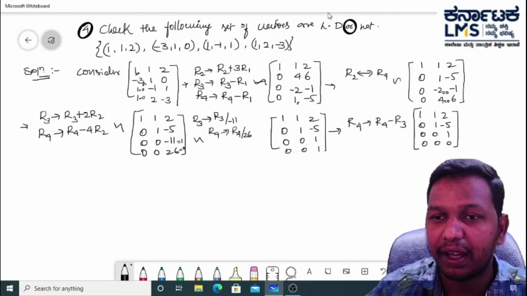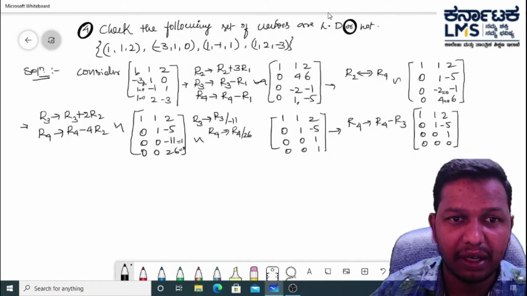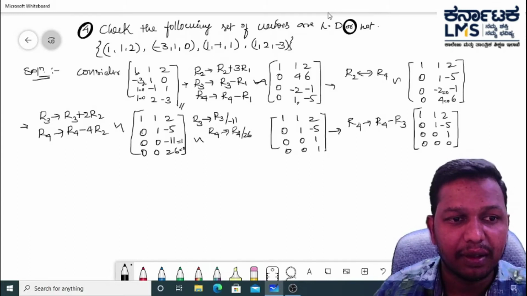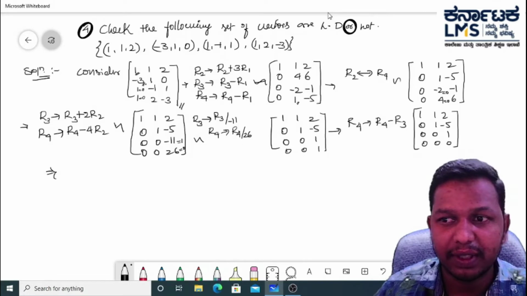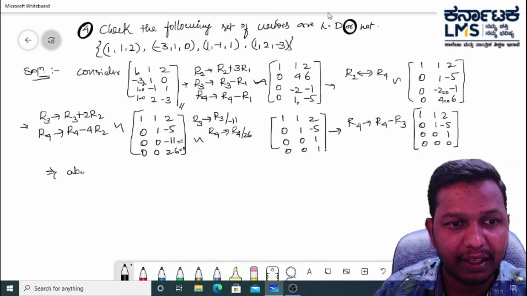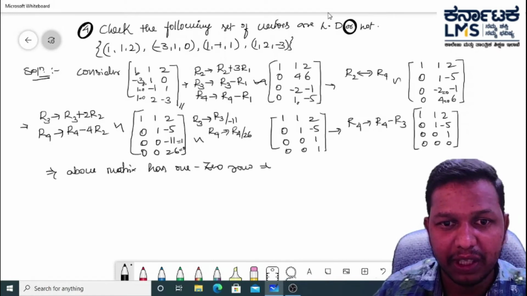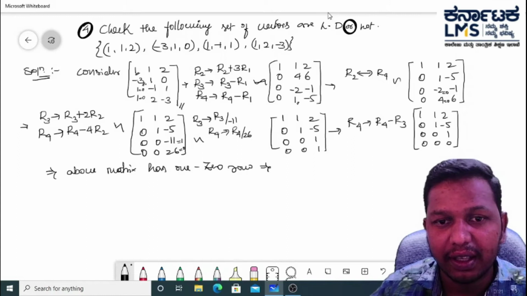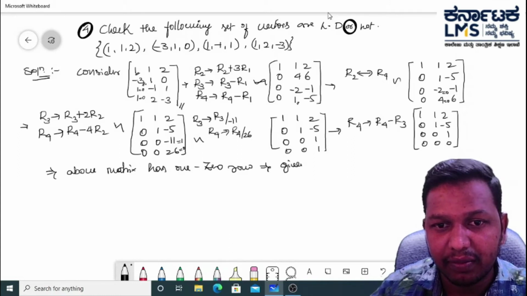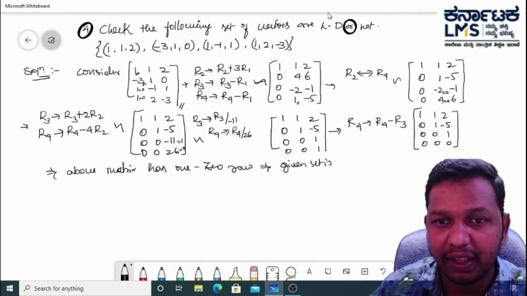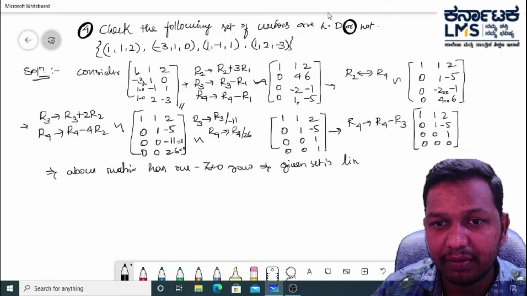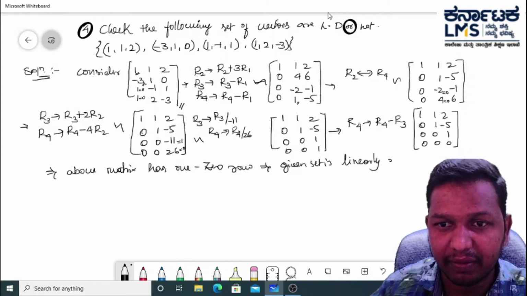This is the row reduced echelon form of our matrix, which implies that the matrix has one zero row, which implies that the given set is linearly dependent.